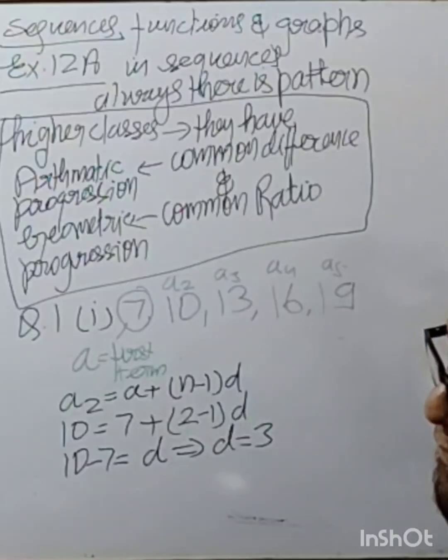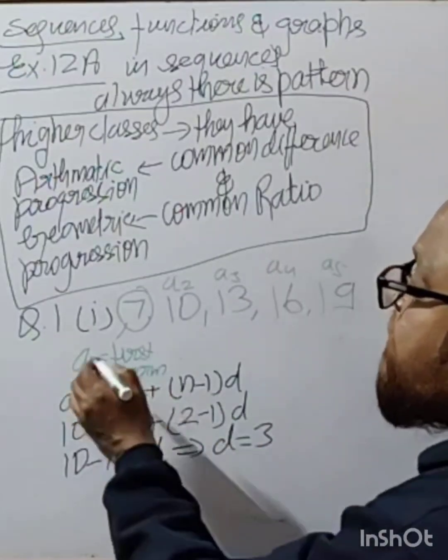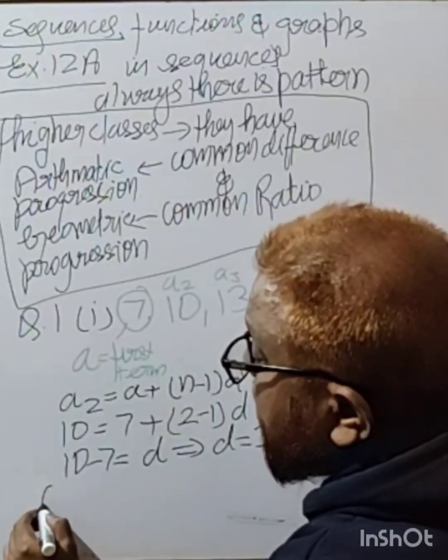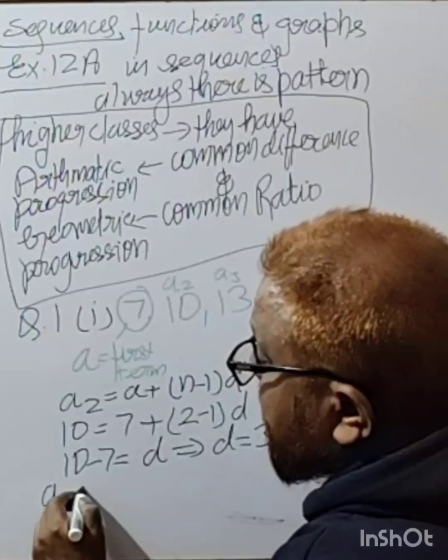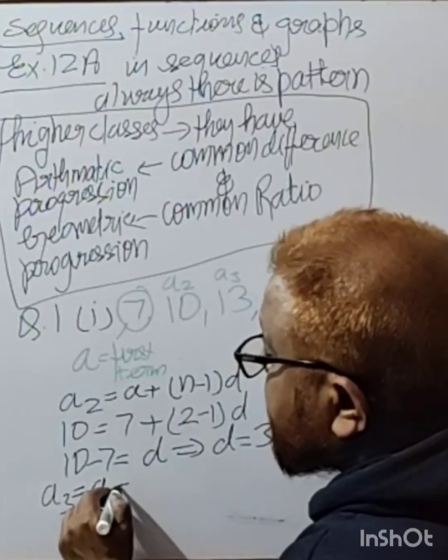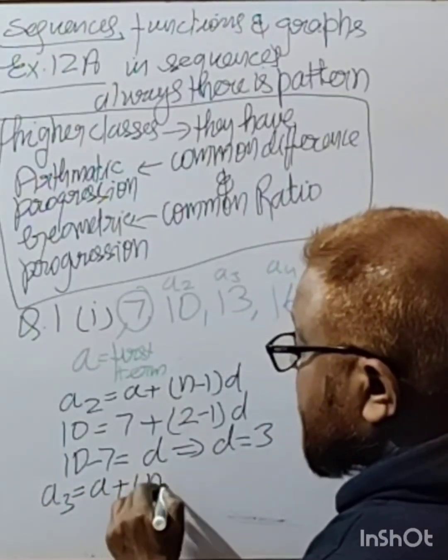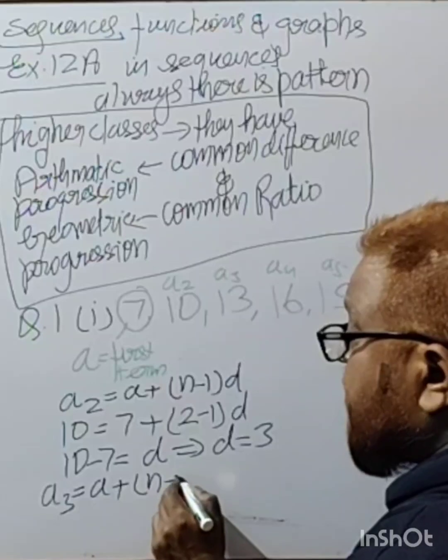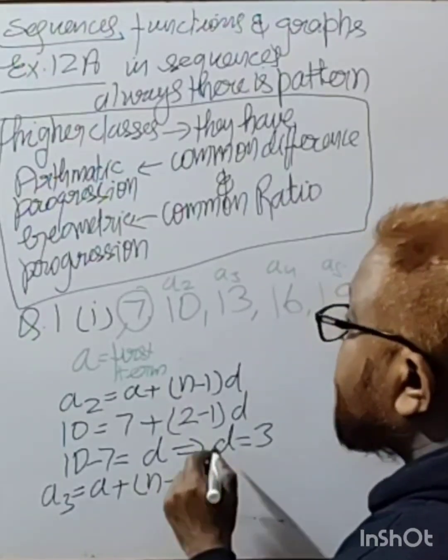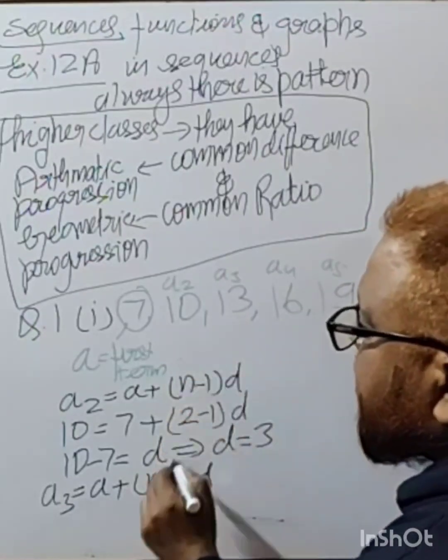Similarly, A3 is equal to A plus n minus 1 into D. A3 is 13.